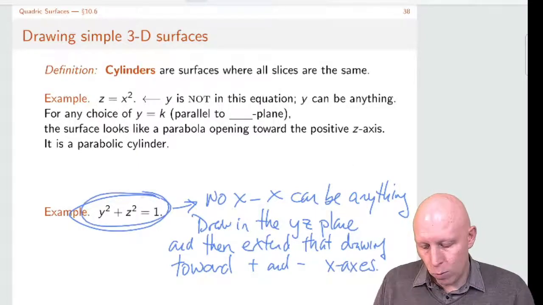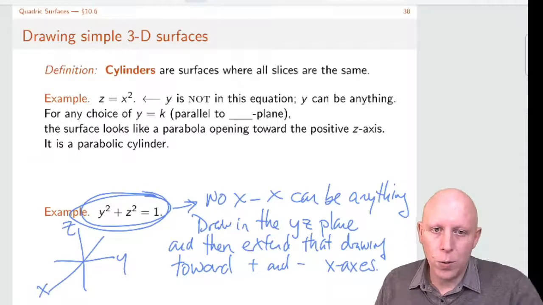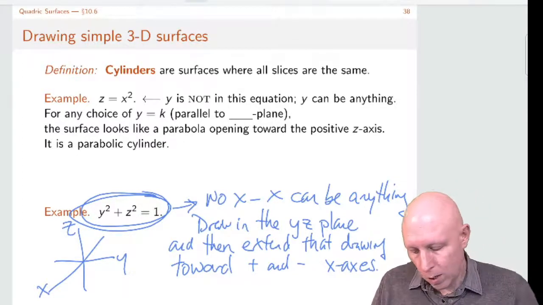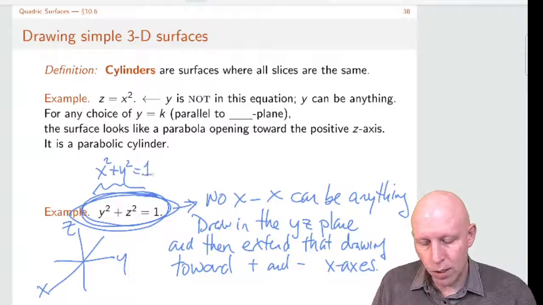Okay, so we look at y squared plus z squared equals 1. So what do we have? We have the x, y, z axes. So now we have to think about this. If you aren't 100% sure what this looks like, you'd probably be more comfortable thinking about x squared plus y squared is equal to 1.